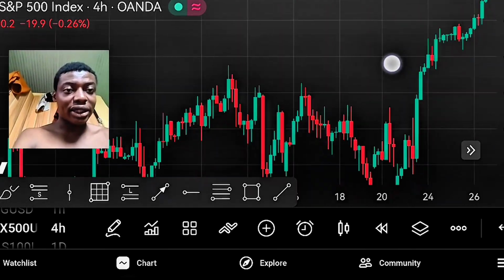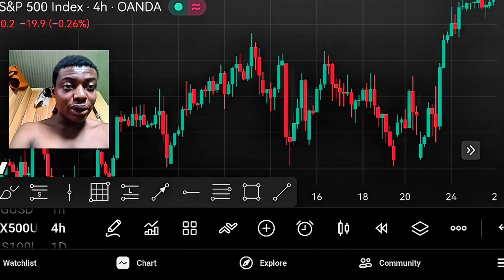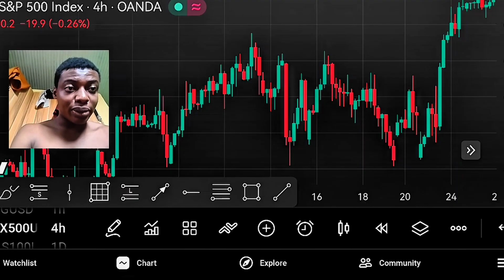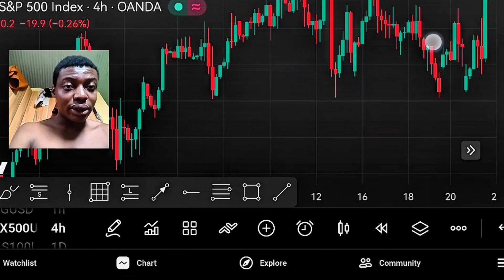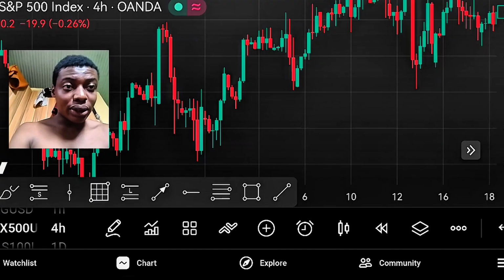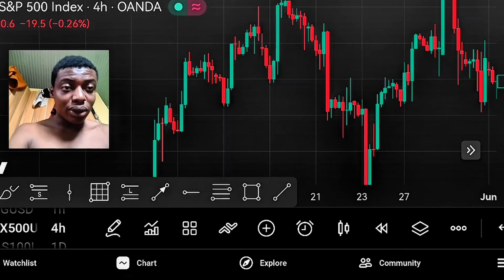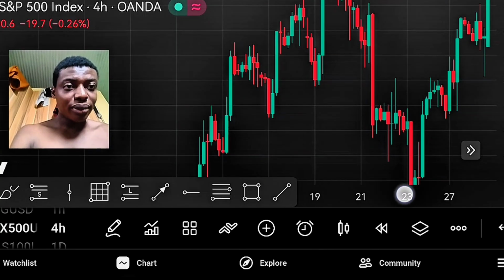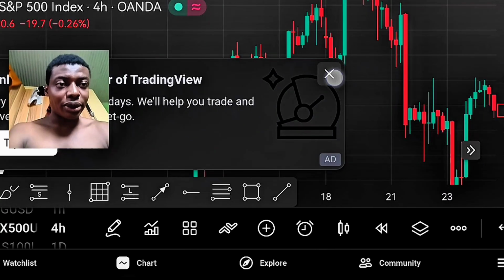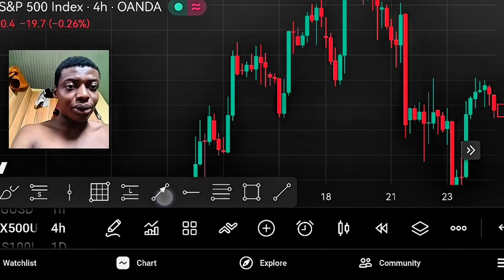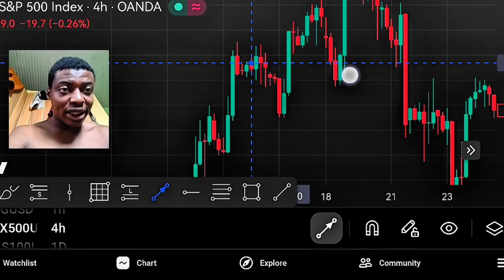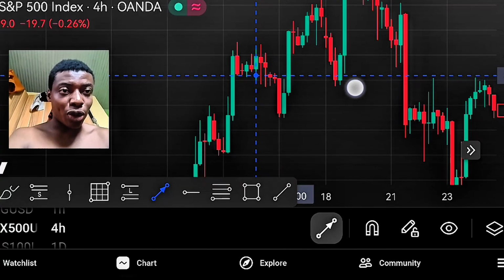Let me see if I can find a bearish example explaining that. Okay, this is a good example. So we had this red candle down, this green candle up.